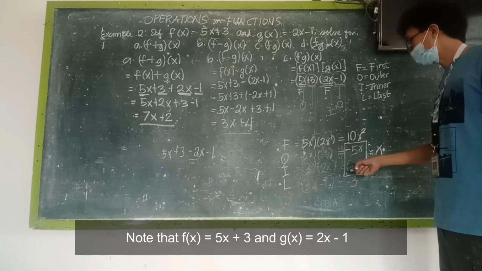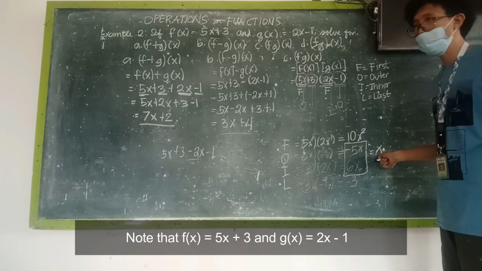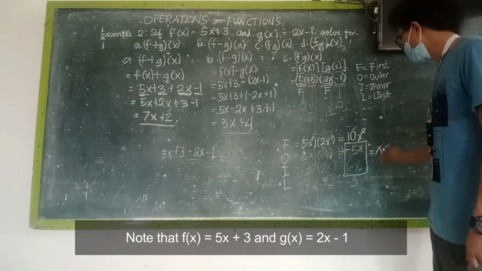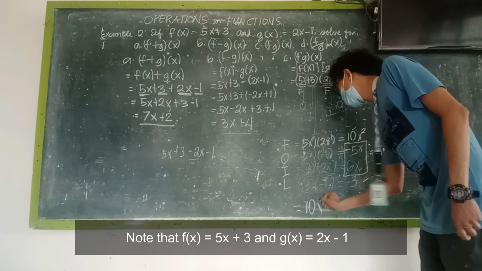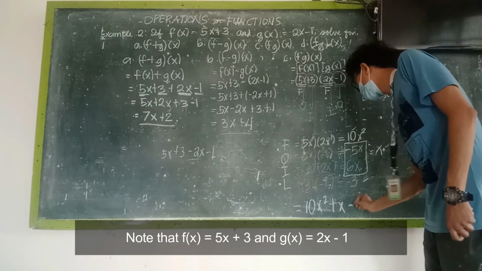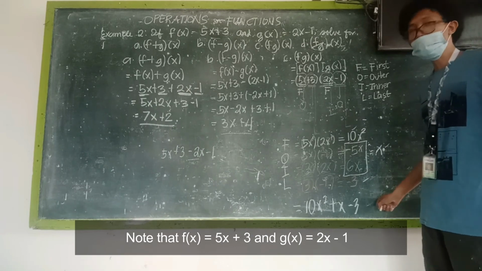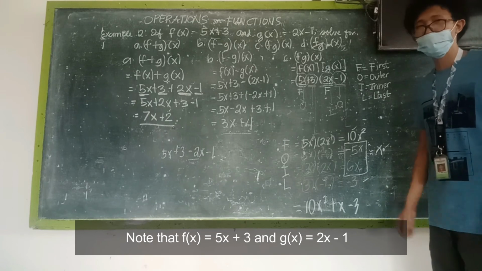So, the sign of 6 is positive, therefore we will follow the sign of 6 which is positive. So, i-combine na natin ito at saka ito to get the final answer. So, we have 10x squared plus x minus 3. So, this is now letter C, 10x squared plus x minus 3.